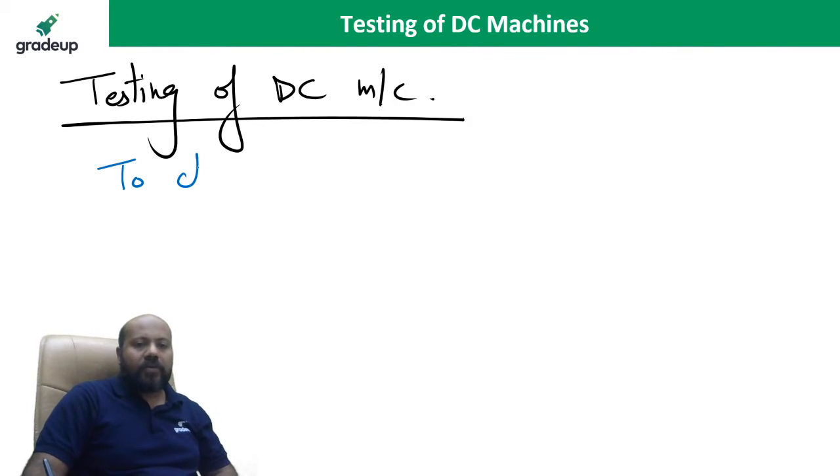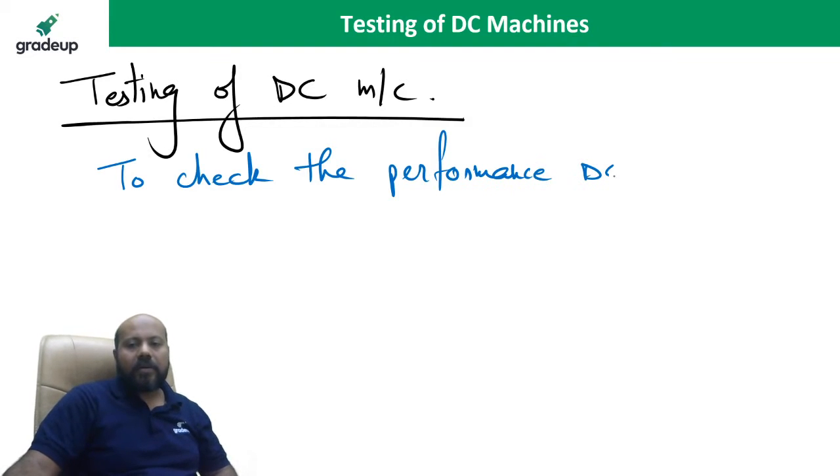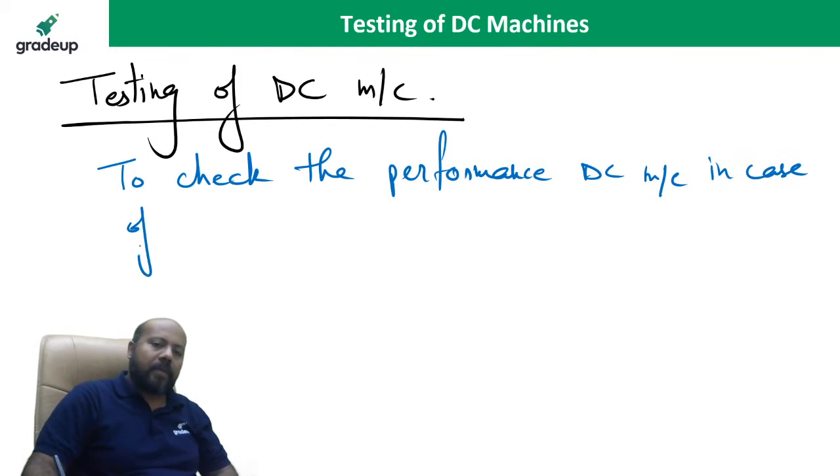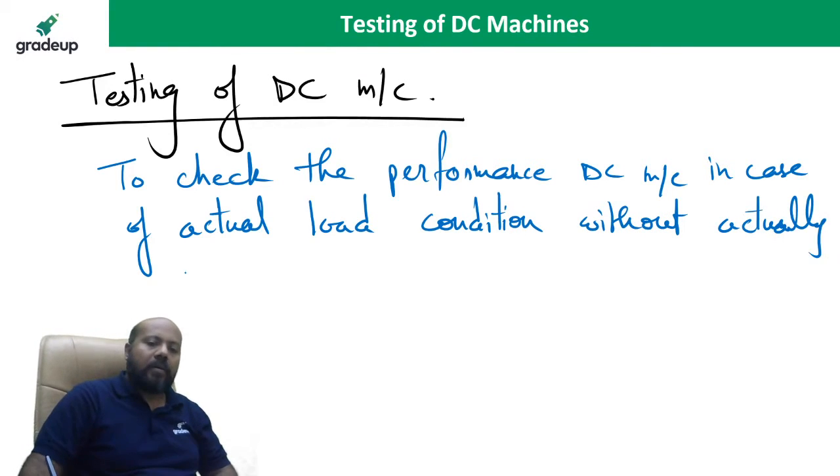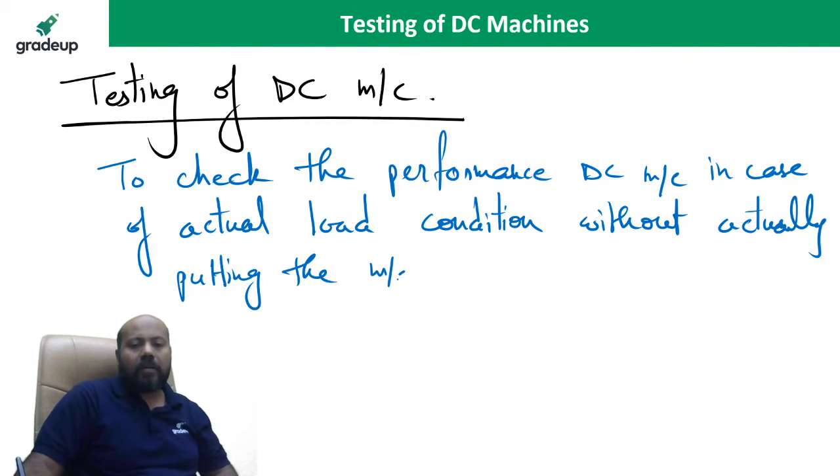The answer is to check the performance of the DC machine in case of actual load condition without actually putting the machine under the load.